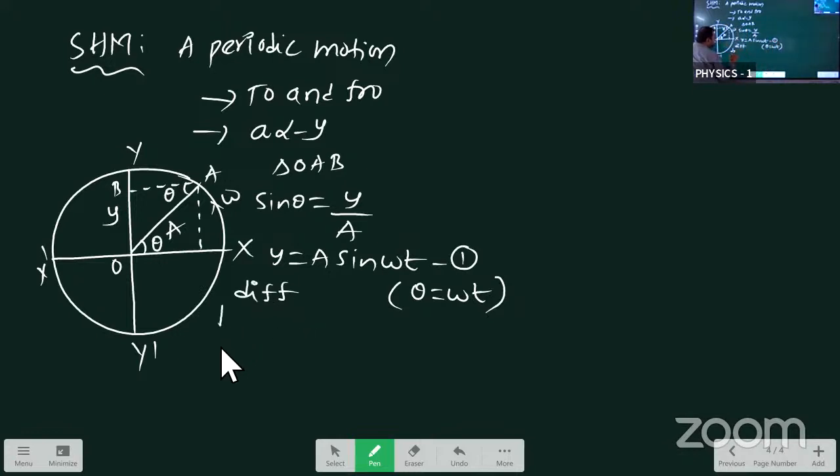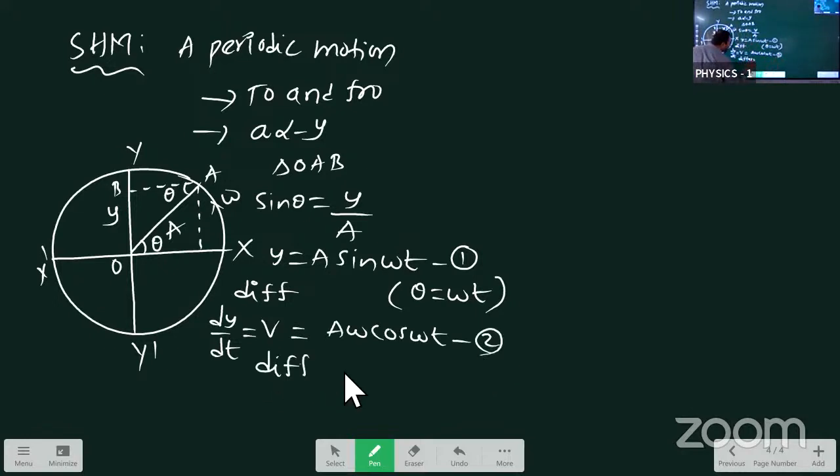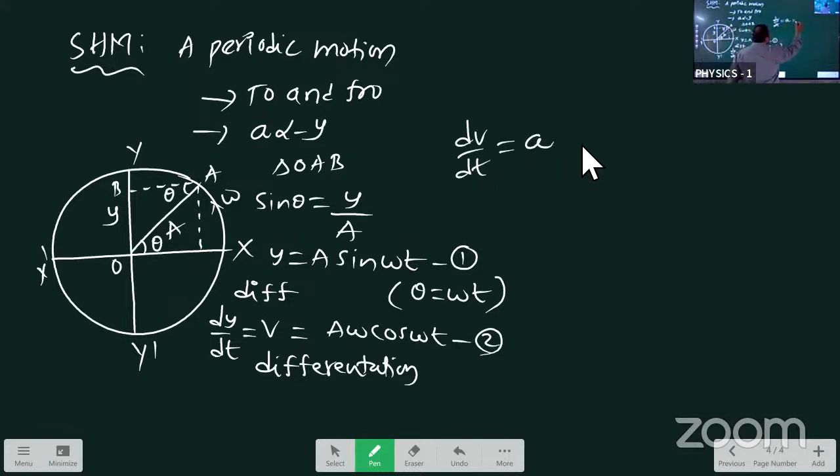Now, dy by dt, the rate of change of displacement, is nothing but velocity, equals A omega cos omega t. Equation number 2. Again differentiation: dv by dt, nothing but acceleration, equals minus A omega square sin omega t.